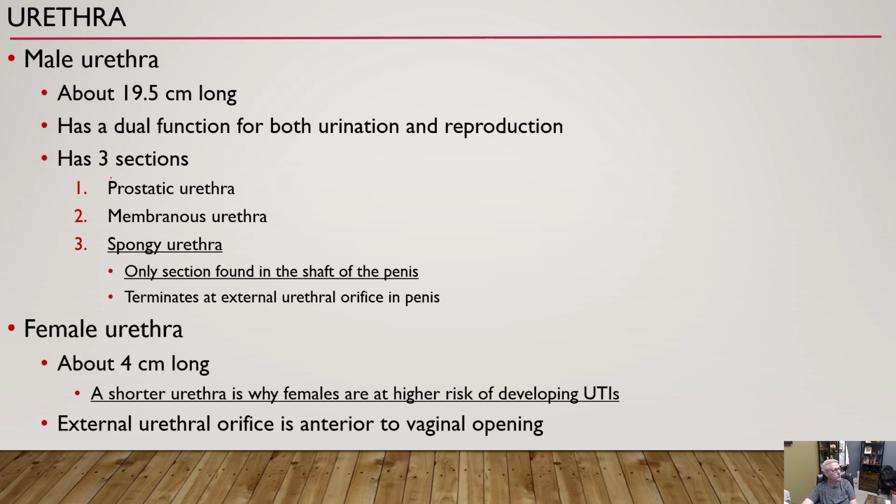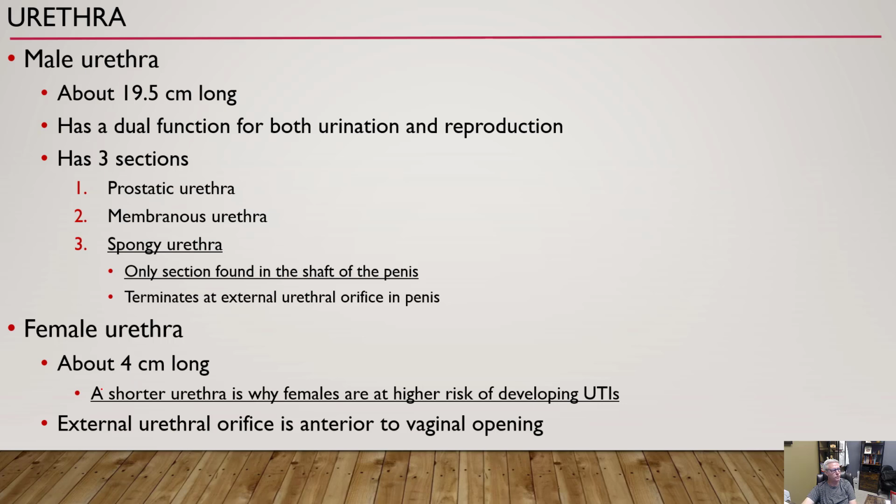And the urethra actually has three different sections. There's the prostatic urethra, the membranous urethra, and the spongy urethra. The spongy urethra is what is found in the shaft of the penis, and it terminates in the external urethral orifice.